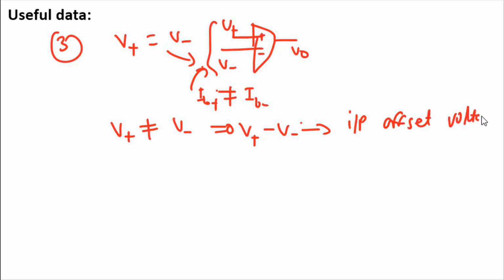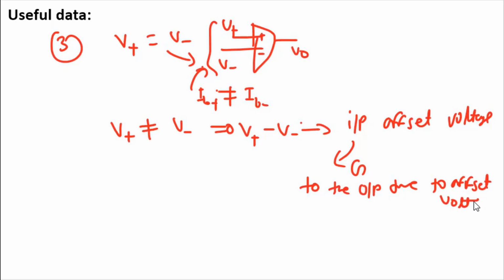Input offset voltage, which is multiplied with the gain of the op-amp to give the output due to offset voltage along with your input voltage.